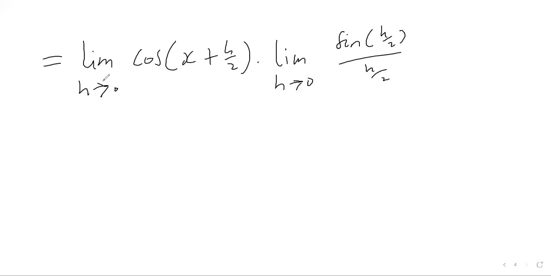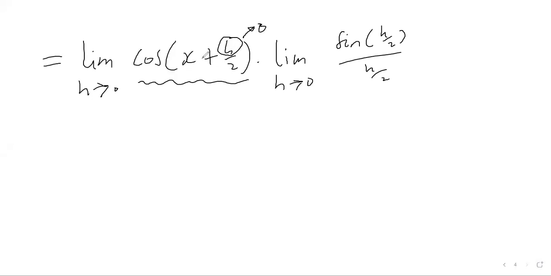Okay, great. So this first bit here, this first limit, is quite trivial. As h gets closer and closer to 0, well, what's going to happen here? This h up here is going to get closer and closer to 0. And if that gets closer and closer to 0, then h divided by 2 is obviously going to get closer and closer to 0.